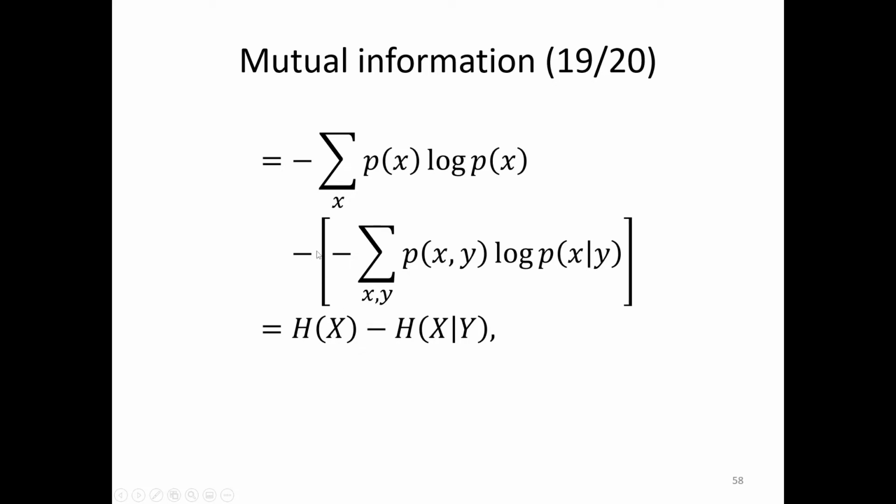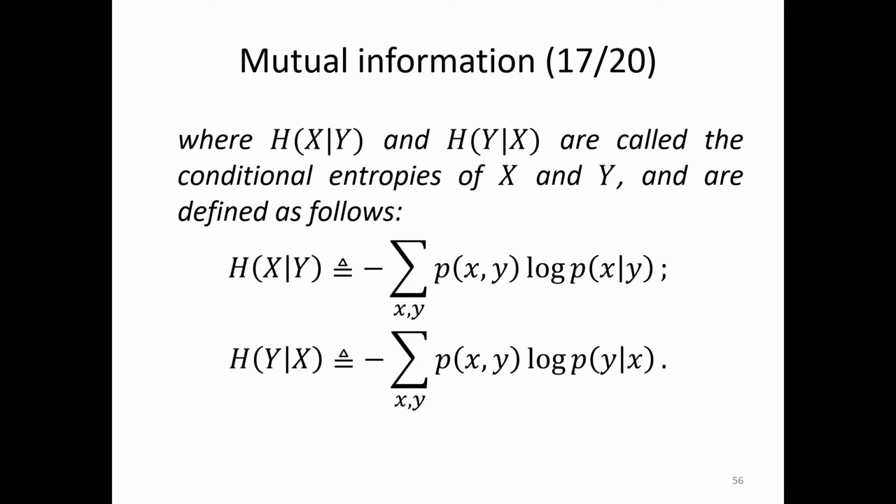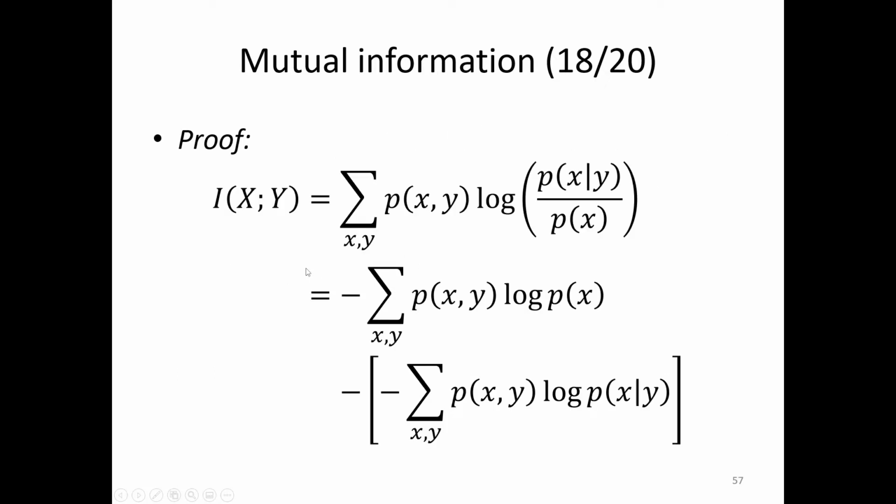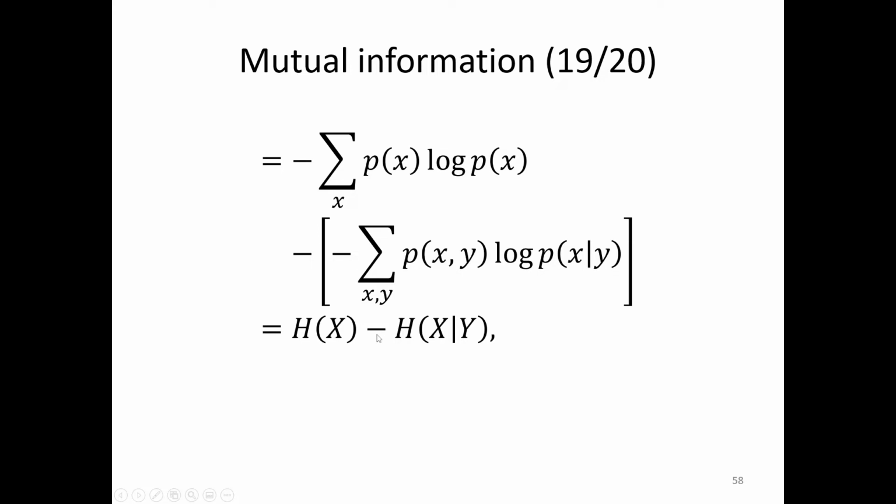And for the second line, minus summation xy p of xy log p of x given y. According to page 56, this is equal to h of x given y. So it is equal to minus h of x given y.